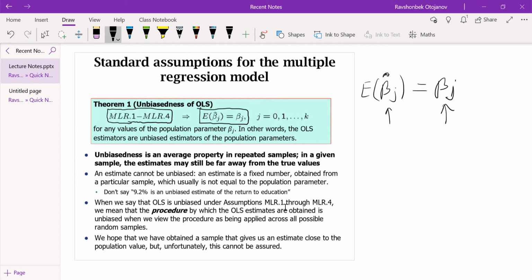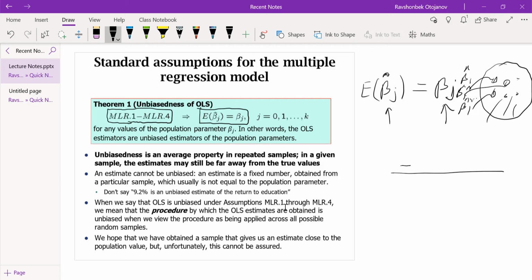What this means is that if we take many samples, with replacement, and estimate beta 1 hat, beta 1 hat star, beta 1 hat star star, and so on, and put these in a density curve, or build their empirical distribution, then the average value of this empirical distribution, beta j hat, would be equal to the population beta j. So on average we will hit the population parameter.